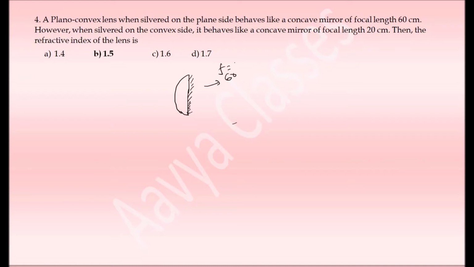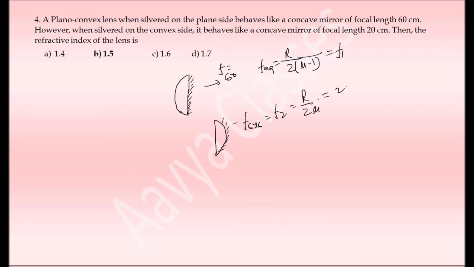So f is equal to 60 centimeter, and already we know that the formula in this case is f equivalent or f system is equal to r divided by twice mu minus 1, while if we silver it on the convex side, then the focal length, we call it f2, is equal to r divided by twice mu, and it is given equal to 20 centimeter. So f1 and f2 are given.